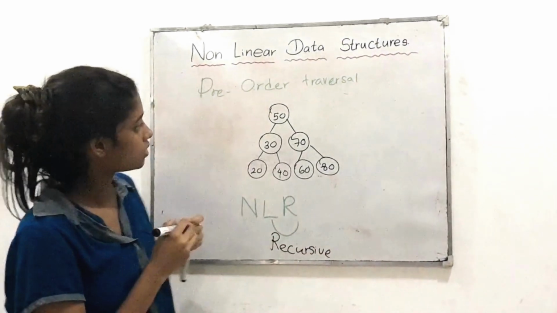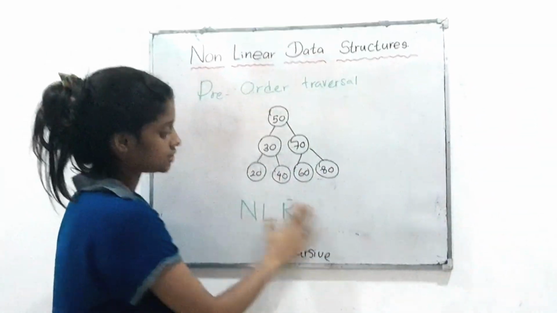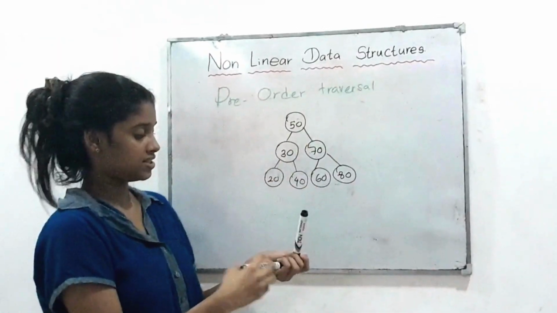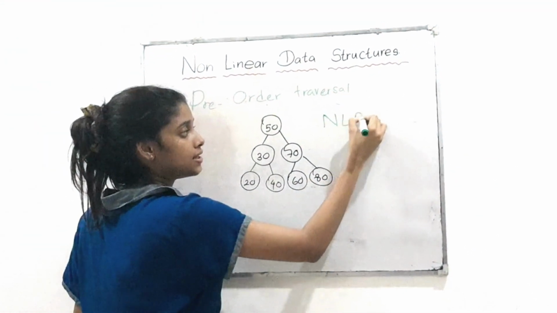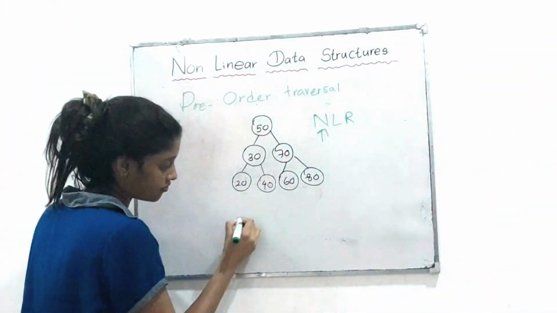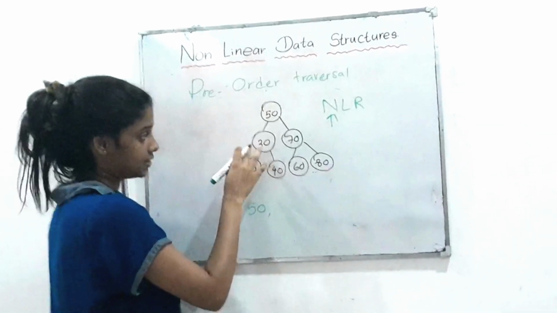Right? Okay, now let's see how this is turned into pre-order traversal. First, you access the root. Root is 50. Next, you go left side, 30.